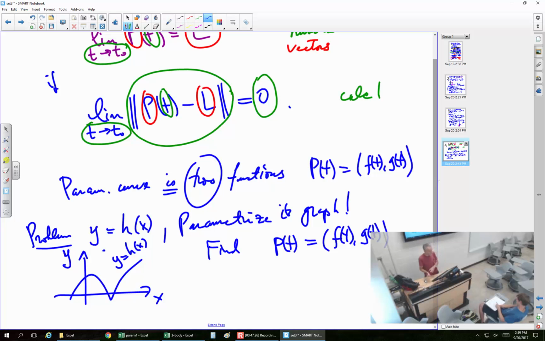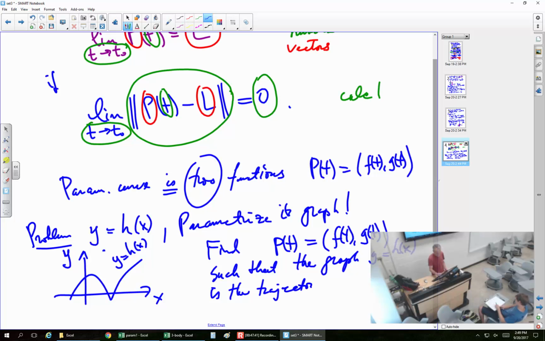So you need to find f(t) and g(t) such that the graph of the original function, y equals h of x, is the trajectory, the path of p. In other words, you have a road looking like this on the xy plane, and you drive through it. How you drive through it is entirely arbitrary.